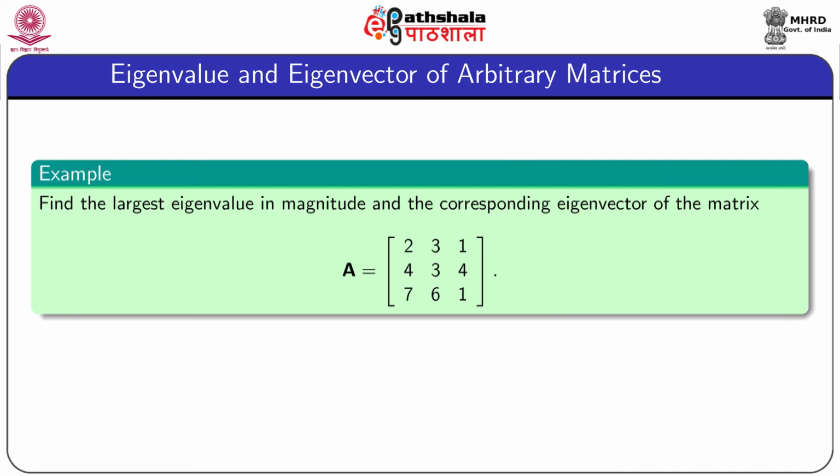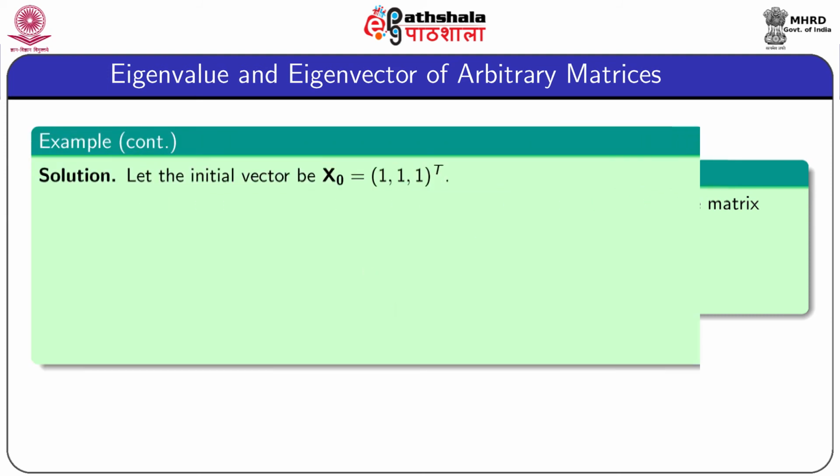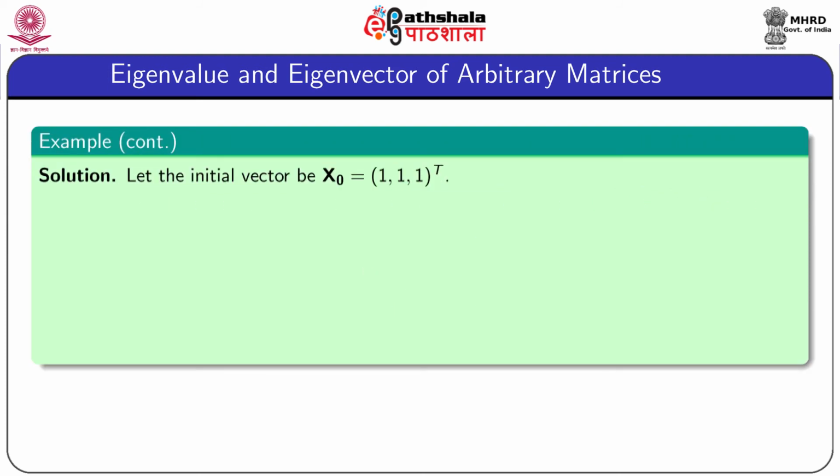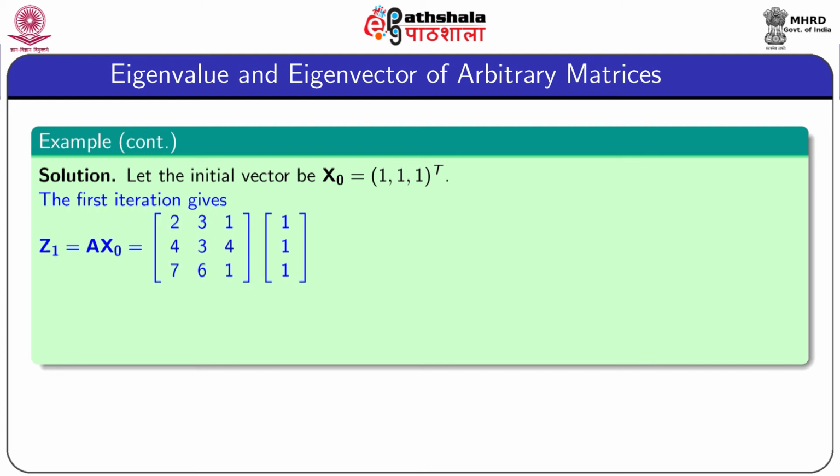Now we consider an example to illustrate the power method to find the largest eigenvalue in magnitude as well as the corresponding eigenvector. Let the initial eigenvector be x0 equal to the column vector 1 1 1. Then at first iteration the intermediate vector z1 equals A into x0. A is the given matrix and x0 is the column vector 1 1 1. After multiplication it becomes 6, 11 and 14. 14 is the largest element of this vector.